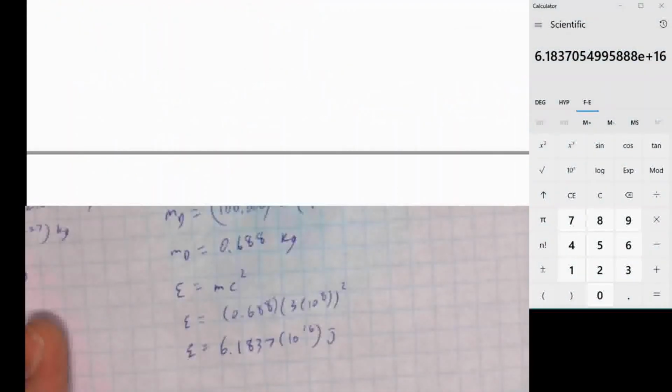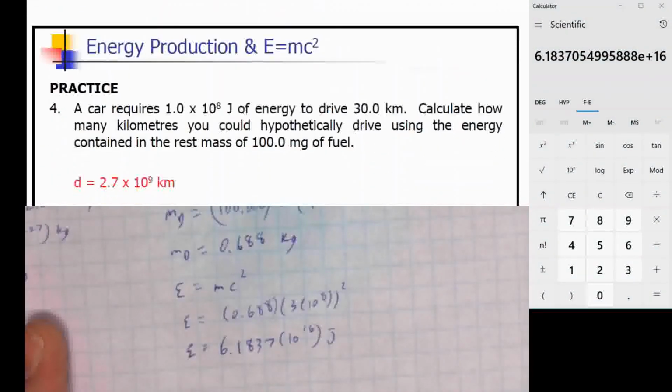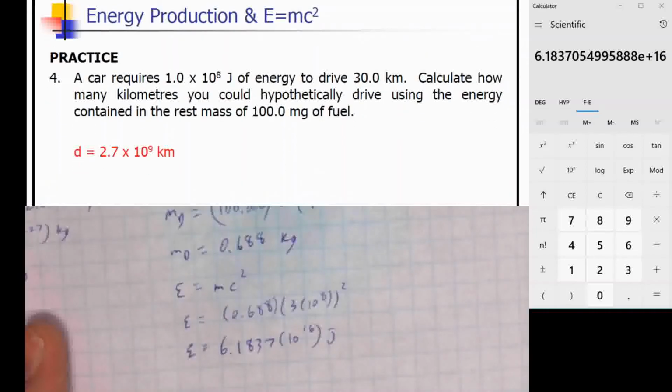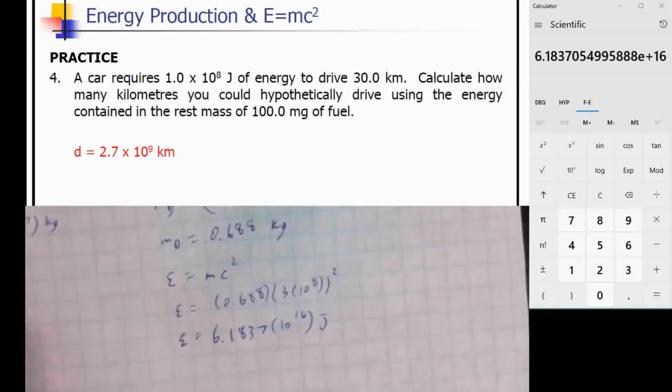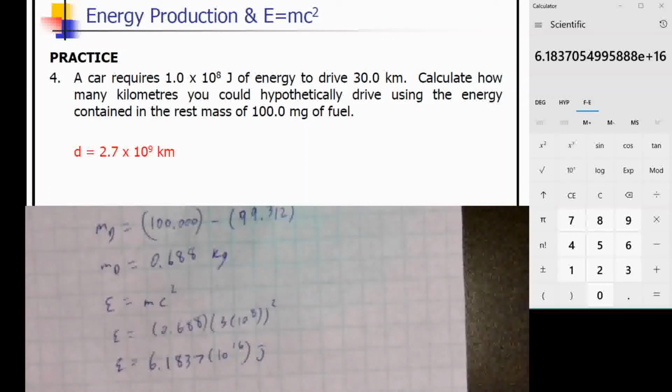Now let's look at another problem. This one's going to look at relativity. So here it says a car requires, no, it's not going to look at relativity. It says a car requires 1 times 10 to the 8 joules of energy to drive 30 kilometers. Calculate how many kilometers you can hypothetically drive using the energy contained in 100.0 milligrams of fuel.